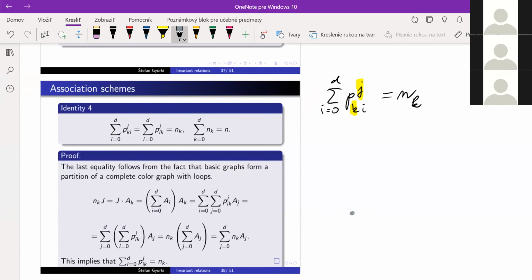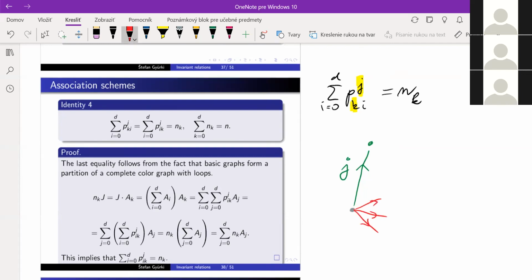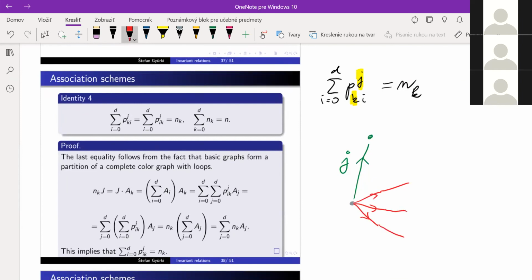Because if you choose a pair which is joined by color j, and if you choose a color k, then there are n_k darts going out from this vertex of color k, and since you have a complete colored graph, then from each such vertex, there is some i which sends you to the end vertex of the chosen dart.